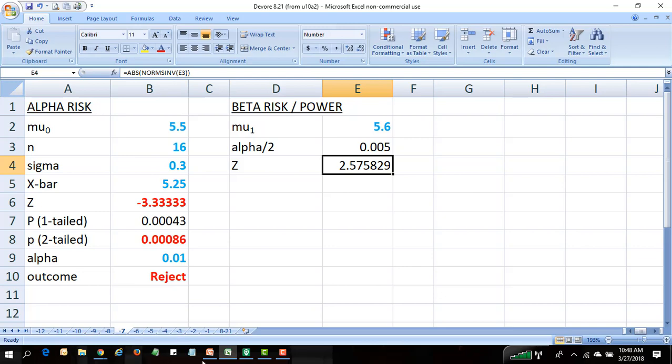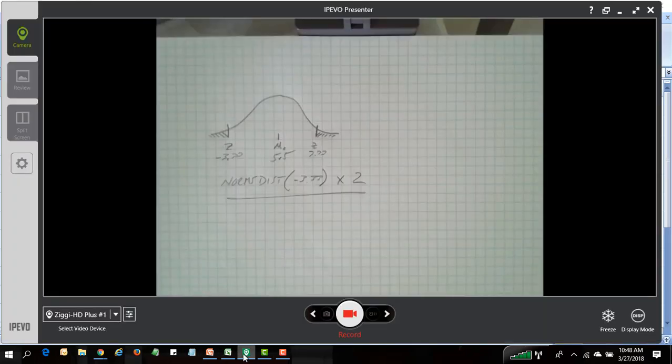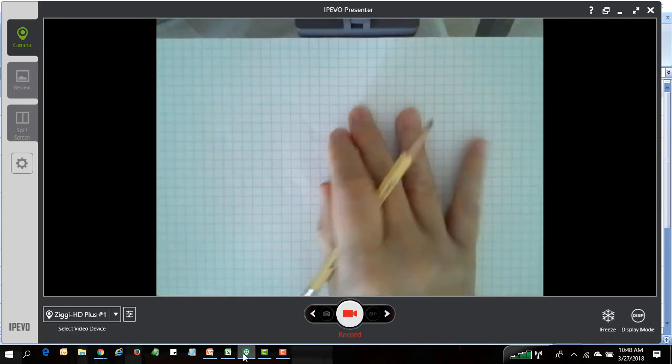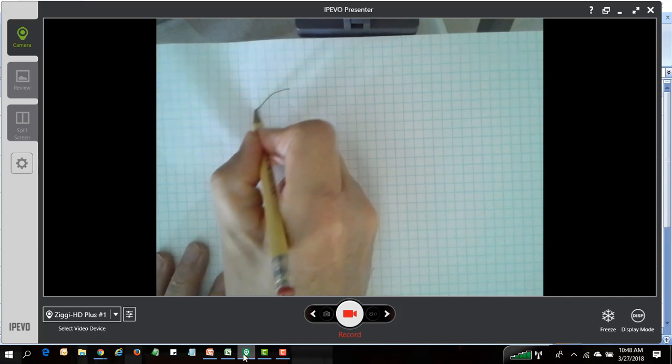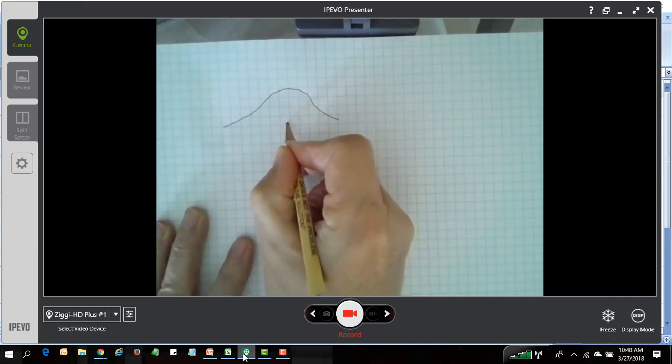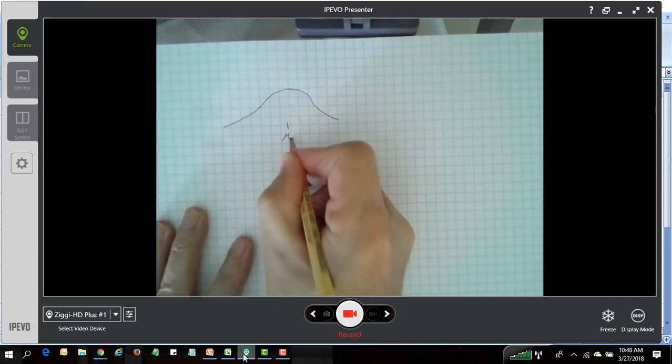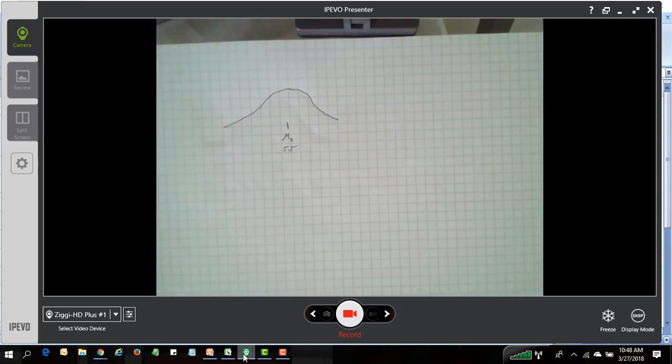So let's change our graph now. Let's go back over to our basic graph and redraw that as we go through. So if I have a new curve now, I've got a mu of 5.5. That hasn't changed. That's still my conjectured value.